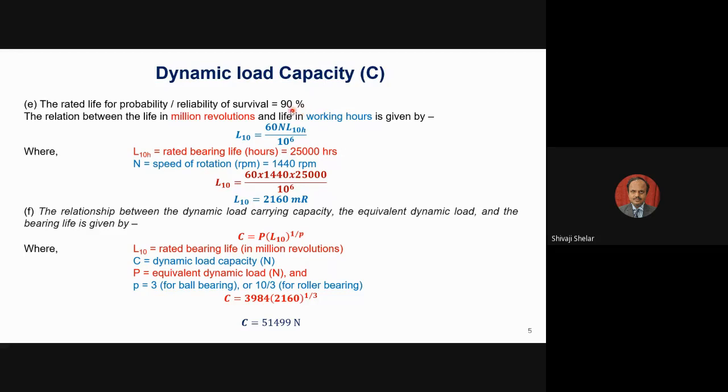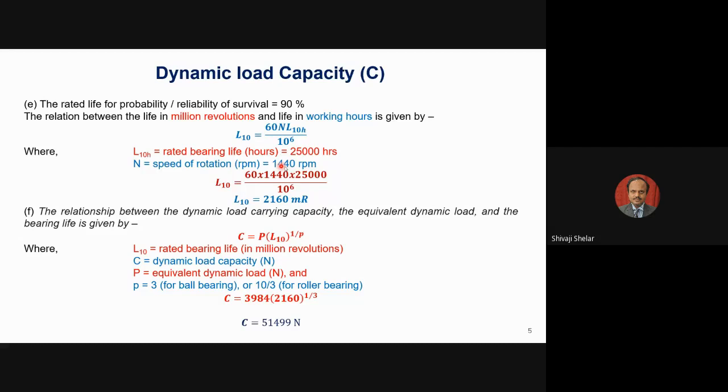Since in our problem the probability of survival is given as 90%, the relation between million revolution life and working hours for L10 is this formula. L10 is equal to 60 into L10 in hours upon 10 raised to 6. We have L10 hours given here as 25,000 hours, which is specified in the problem. The speed of rotation is also specified in the problem, that is 1440 RPM.